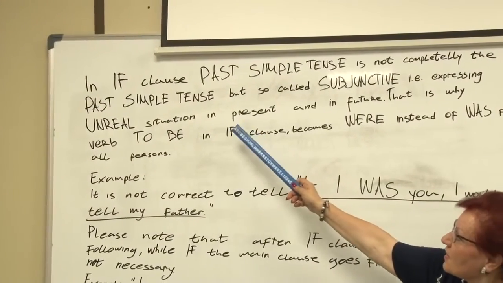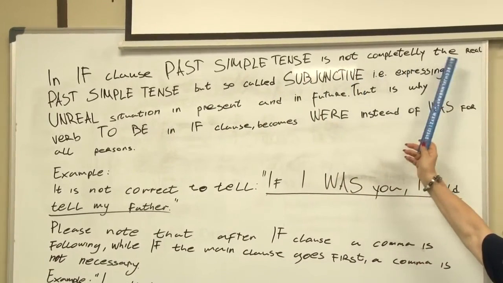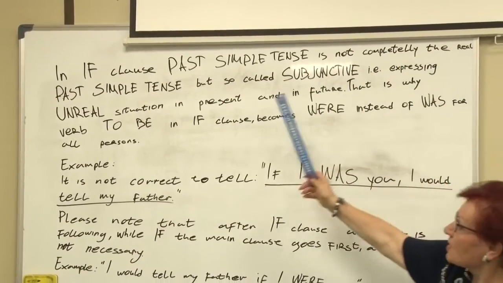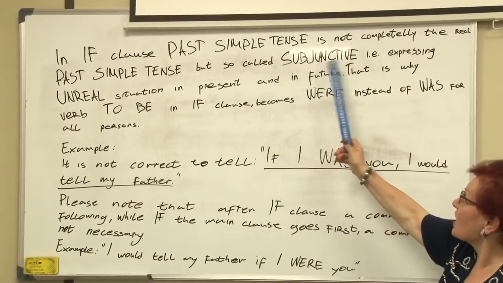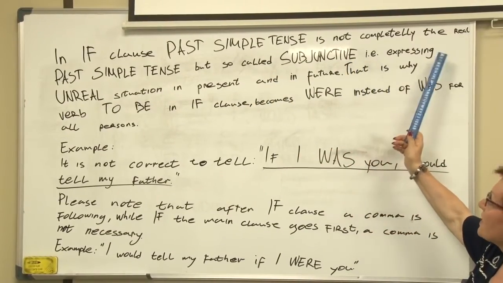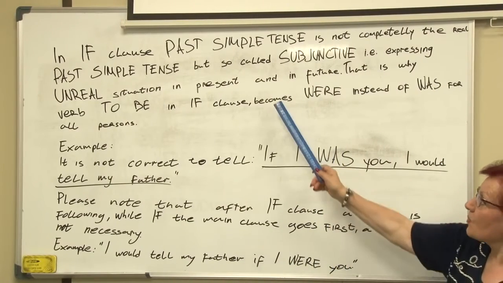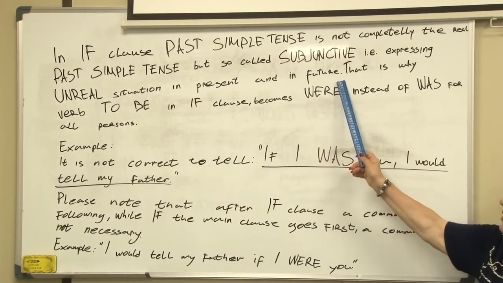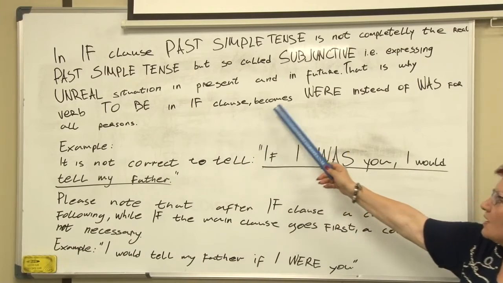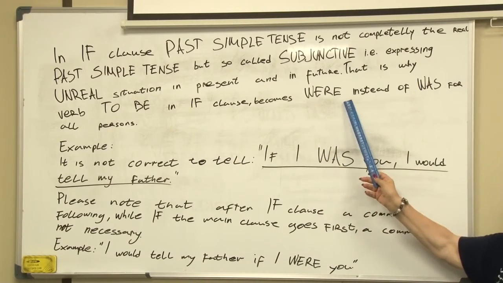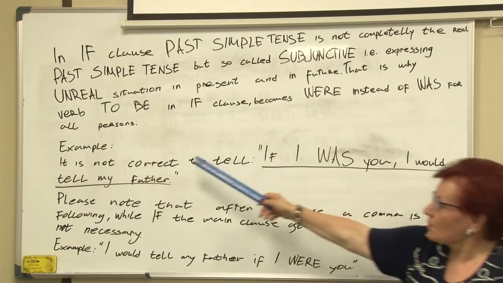In the if clause, the past simple tense is not completely a real past simple tense, but so-called subjunctive. It is expressing an unreal situation in present and in future. That is why the verb to be in the if clause becomes were instead of was for all persons.